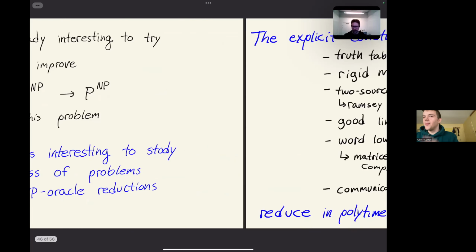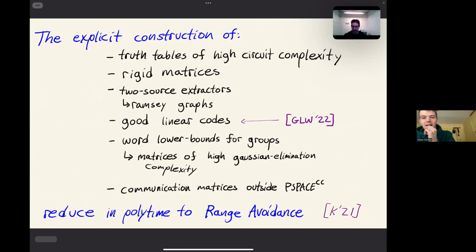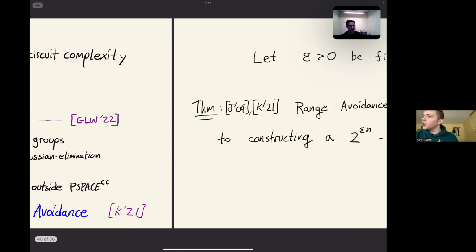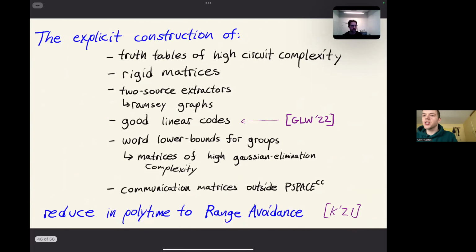So, with that in mind, we can improve this picture of this complexity class significantly. If we relax our notion of reduction from polynomial time reduction to P to the NP reduction, then one of the problems on this list actually becomes a complete problem for this class.